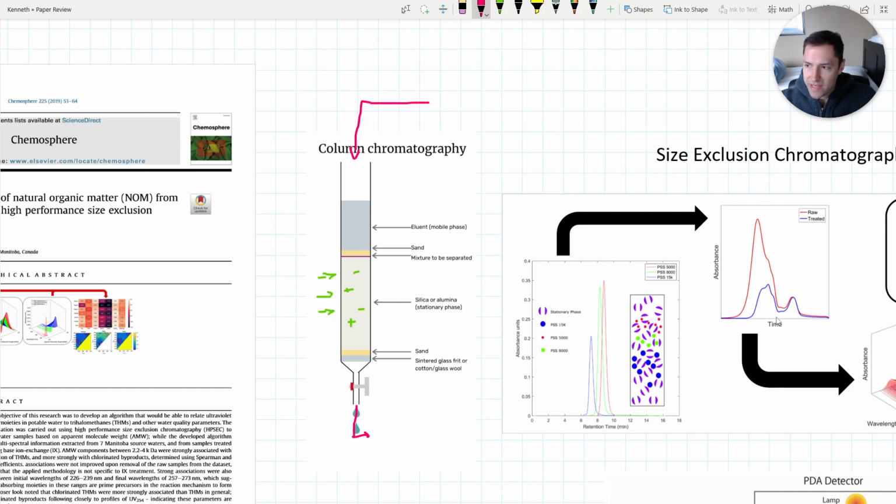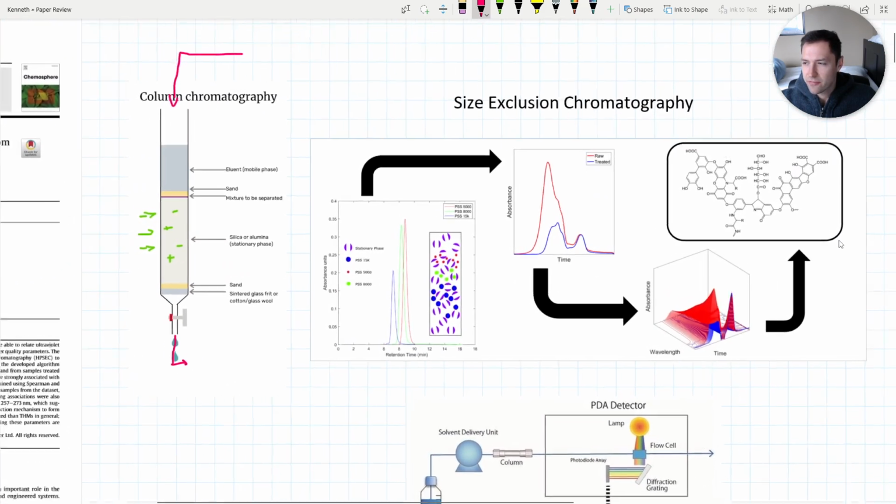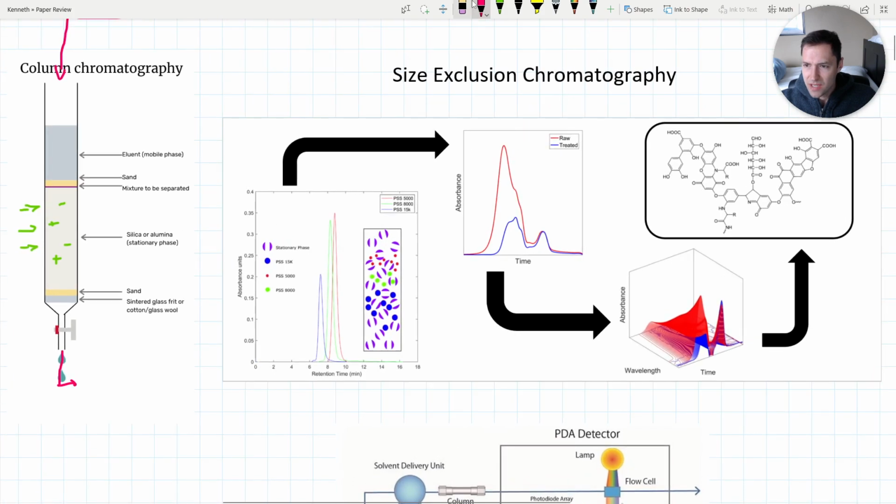So in this work, we focused on size exclusion chromatography, and here's this infographic from the paper, where we still have the same setup with samples coming into the column and sample coming out of the column, but our stationary phase here is a porous media. And this porous media has a certain pore size.